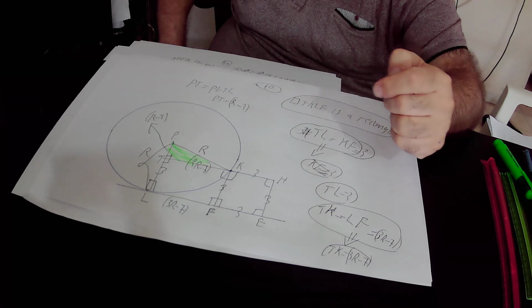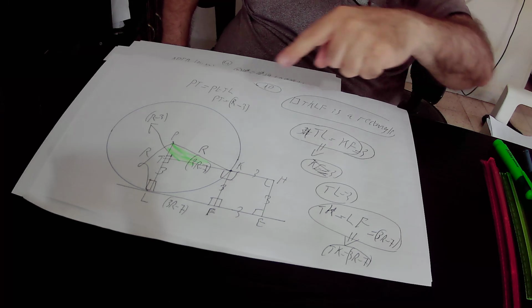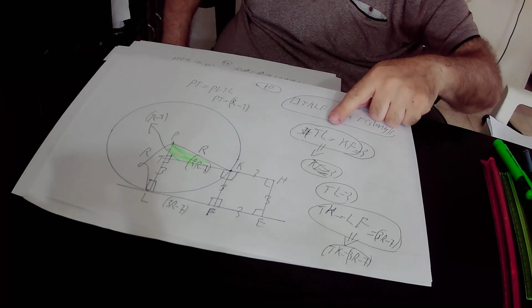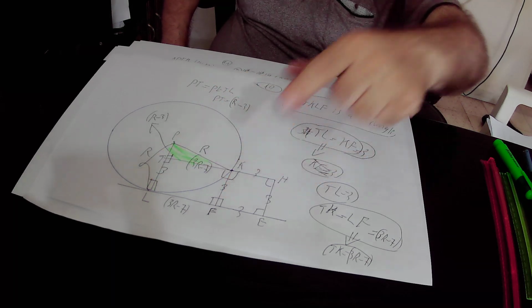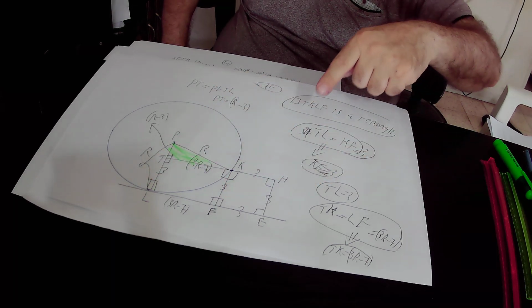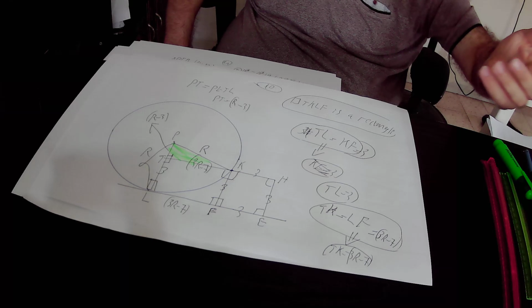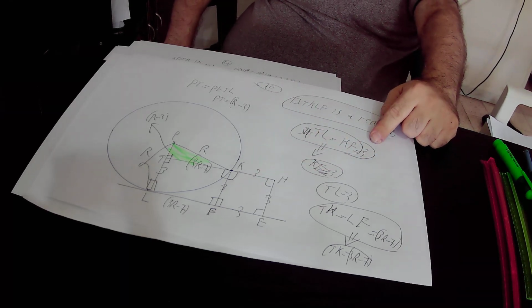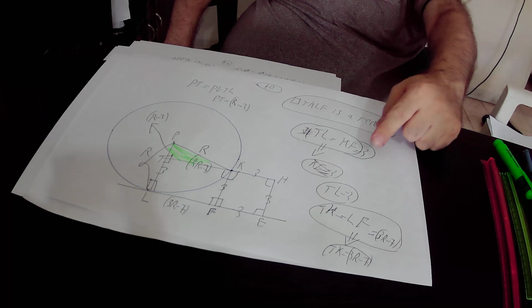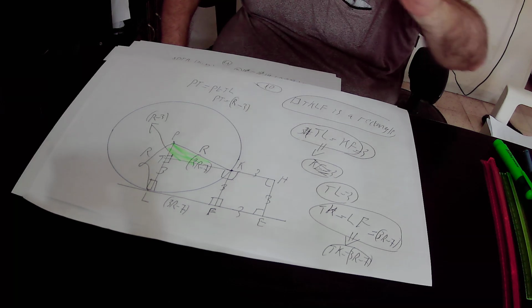And we know that the opposite sides of a rectangle are equal to each other. That is to say, TL equals KF. But here, KF is the side length of the square that is equal to 3. And from this equation, TL equals KF equals 3, we derive that TL is also equal to 3.